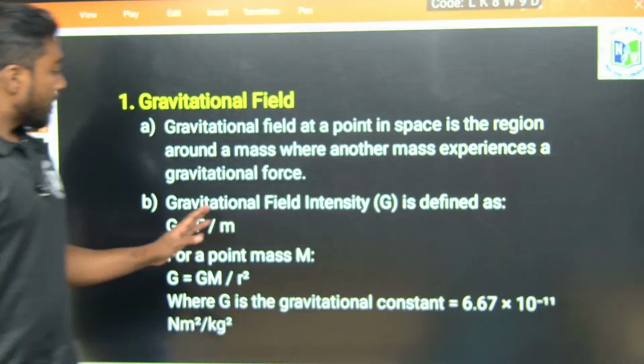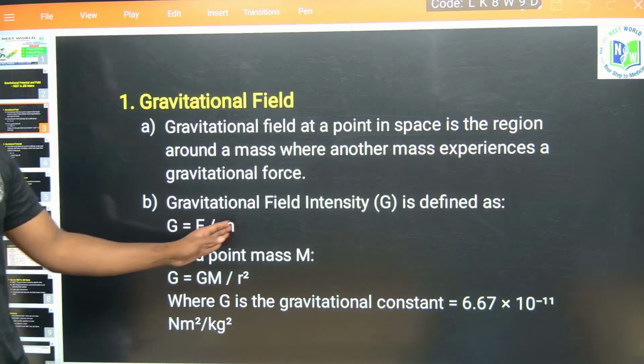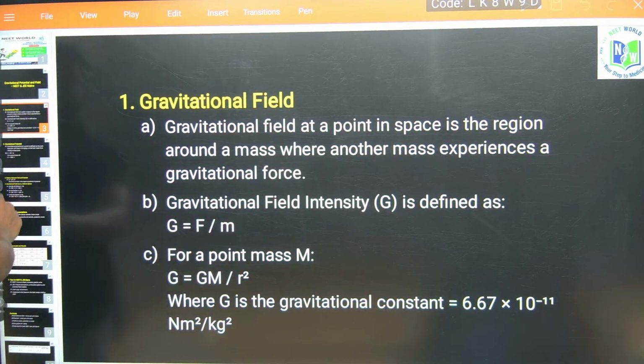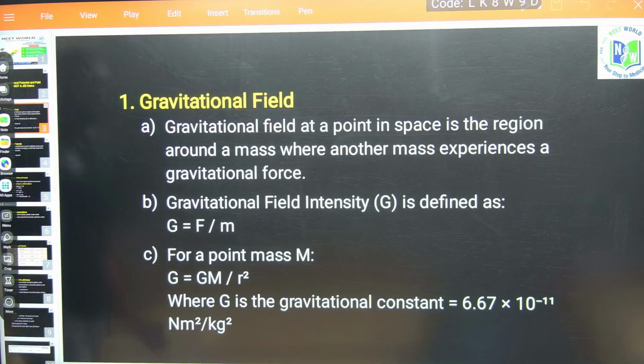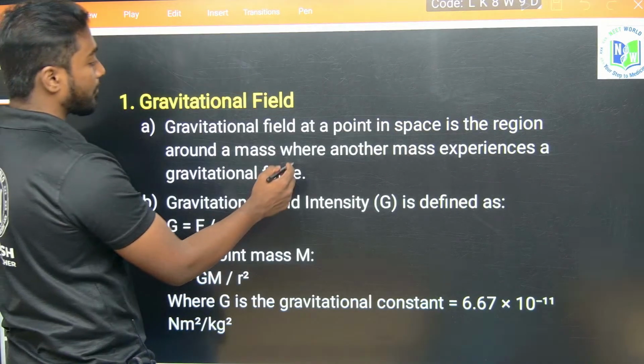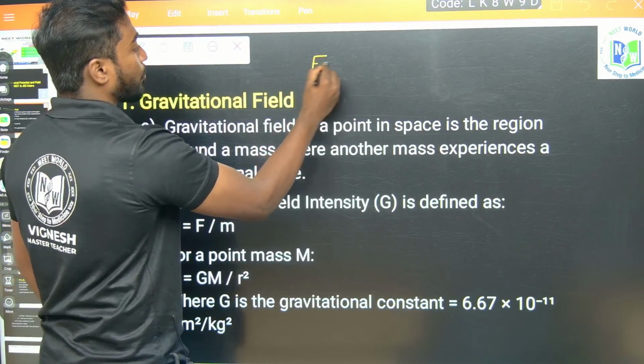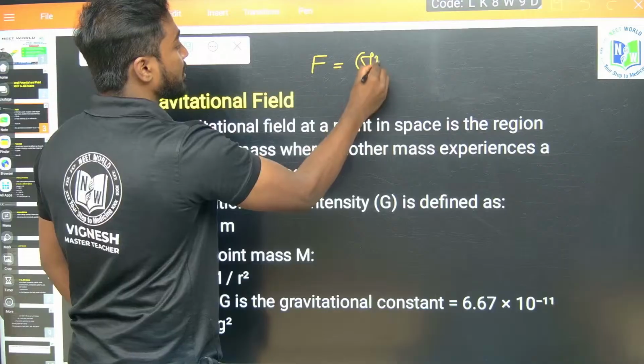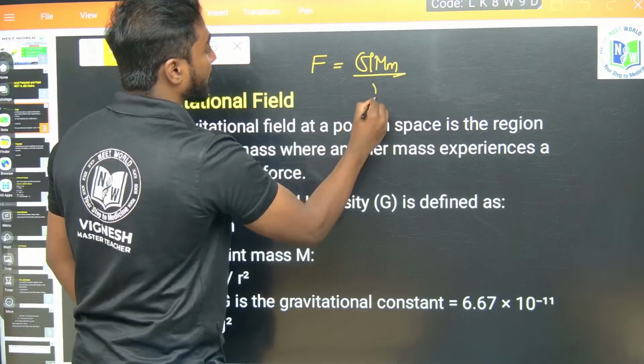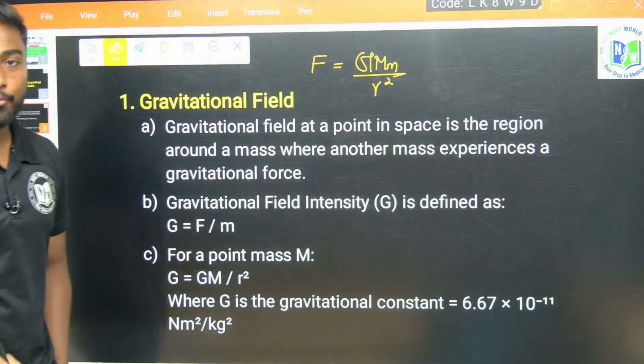But it is nothing but force by mass. We know that force is F equals capital G capital M small m by r square, the gravitational force.